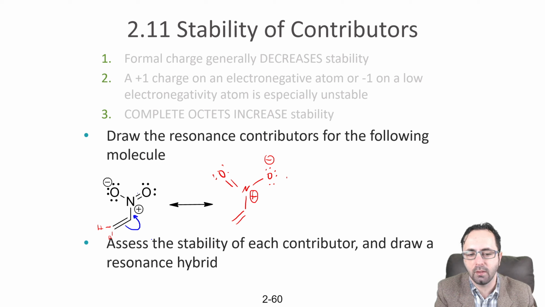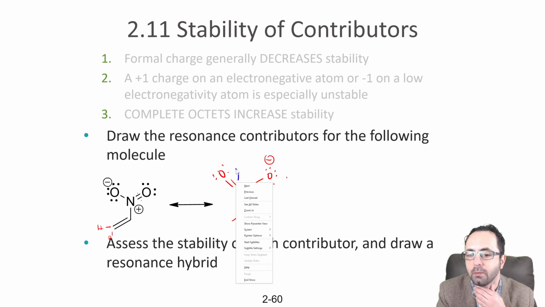Let me start from here, it'll be easier. Sorry about that. What we can do is make this a double bond, but this nitrogen now will be exceeding an octet. So what we can do is go like that.